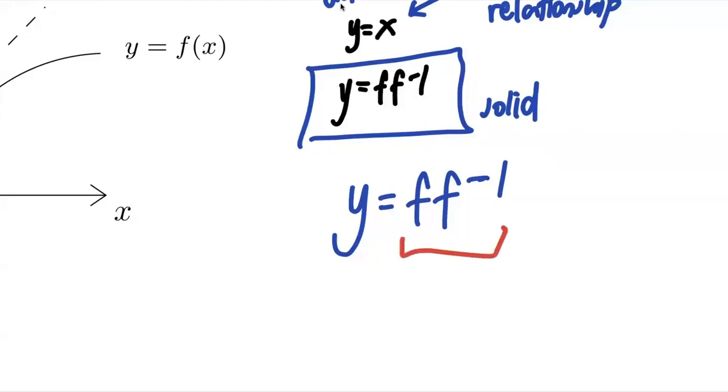This is a composite function. The domain of a composite function is equal to the domain of the second letter, correct? For example, the domain of gf is equal to the domain of f. It's the same thing here. The domain of your ff inverse is equal to the domain of your f inverse. So that is where you stop your ff inverse graph. You do not draw the whole entire thing. You follow the domain of your f inverse graph.